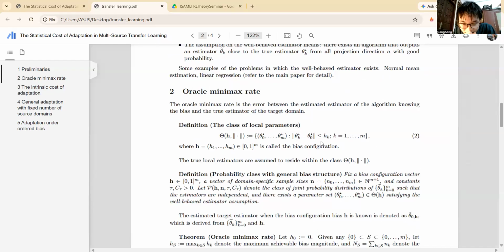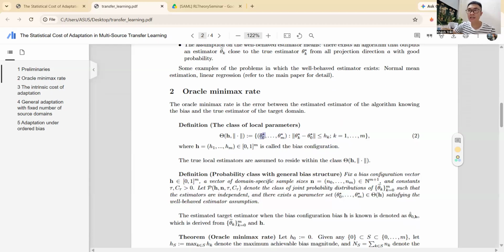Excuse me, I don't understand this part. What is theta zero here? Is it only one parameter to estimate all of the domains? No. We have n plus one domains, and k equals 0 means the target domain.